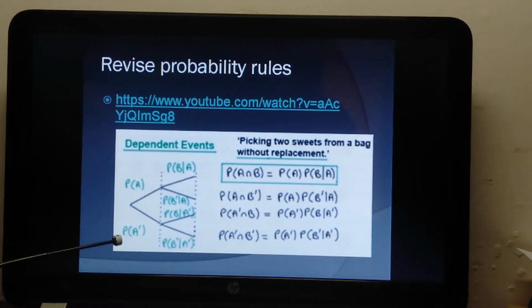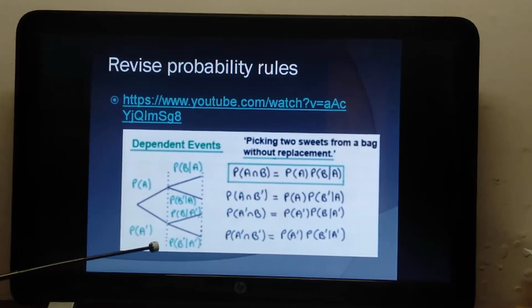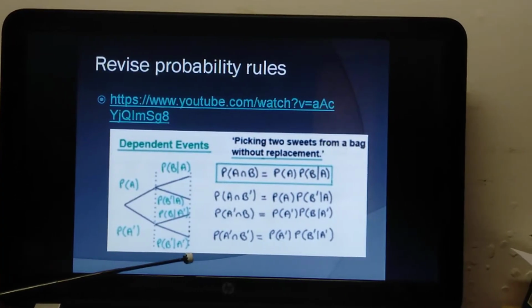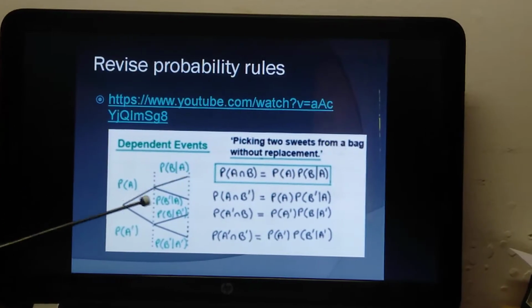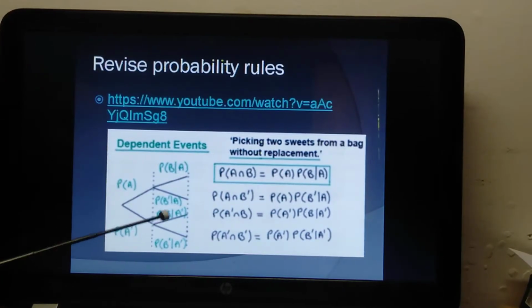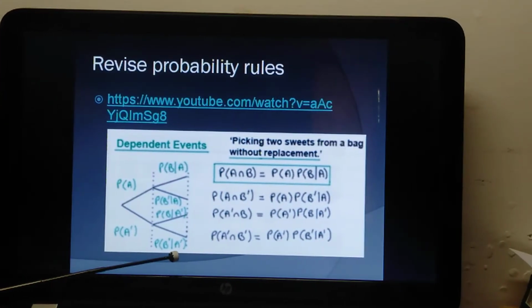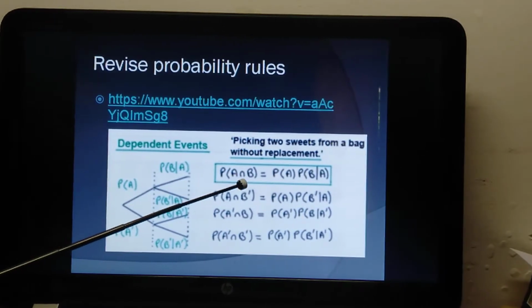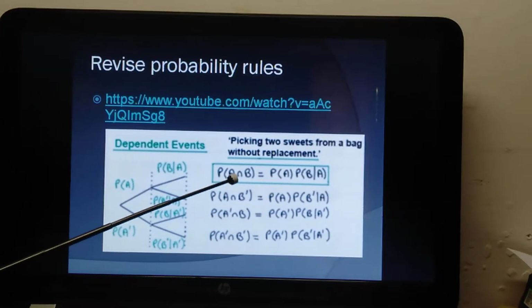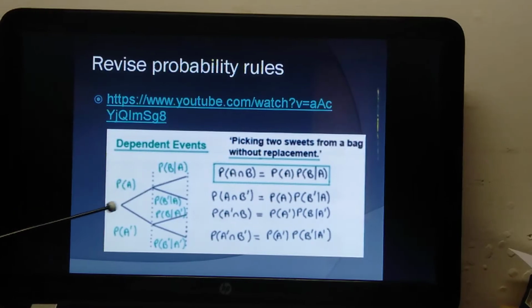Now if the first sweet was not A, then it can be B, not A, and not B, not A. So all the probabilities are probability of B given A, probability of not B given A, probability of B given not A, and probability of not B given not A. Now what we want to do is, what is the probability of A and B? That is the intersection of A and B. The probability of A and B is this direction, right? There is A as well as B. That's the only thing over here.